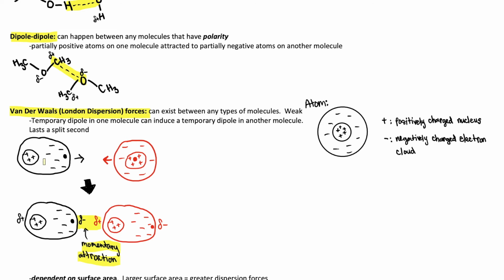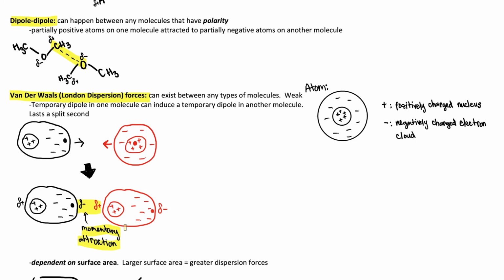So for example, when these black and red atoms touch, the partial negative side of our black atom causes the electrons from our red atom to move to the other side, since like charges repel. This gives the left side of our red atom a partial positive charge. So since opposites attract, there's a momentary attraction between the black atom and the red atom. This attraction dissipates in a split second since electrons are always moving, which is why dispersion forces are the weakest type of IMF.